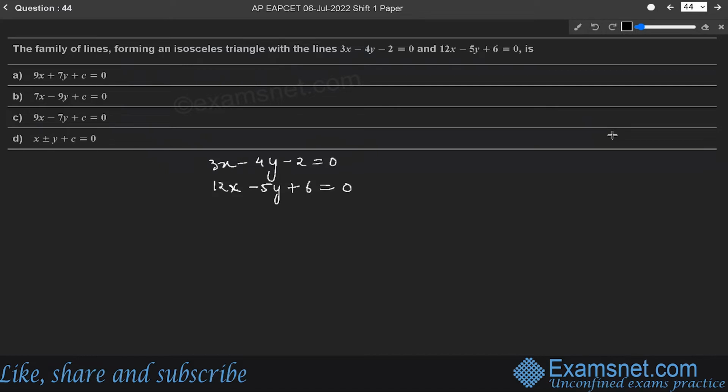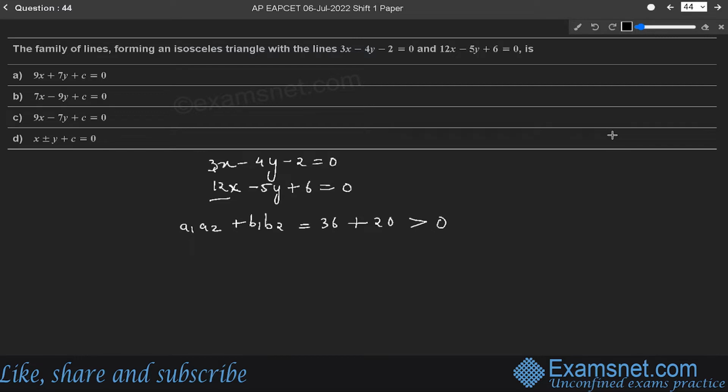In this question, we have to use a condition which is a1a2 plus b1b2 should be greater than 0. So, comparing both these equations, a1a2 means 3 into 12, which is 36, plus b1b2, b1b2 means 4 into 5, which is 20. It is greater than 0.